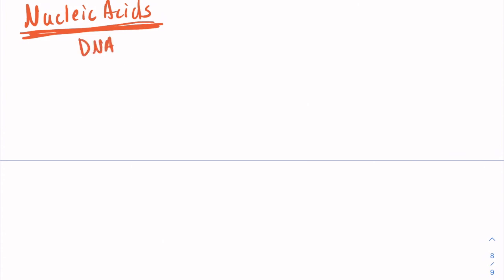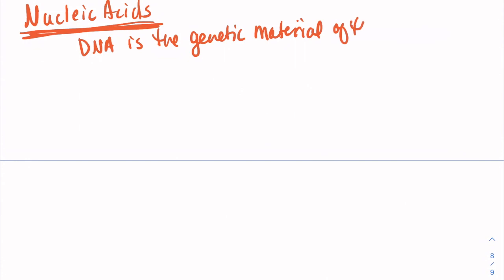Okay, and we say that DNA is basically the genetic material of the cell. But what does that mean? It's the heritable molecule. DNA is the genetic material of the cell in that DNA contains genes.